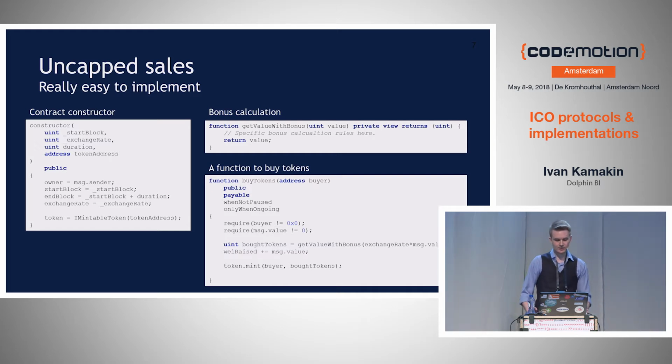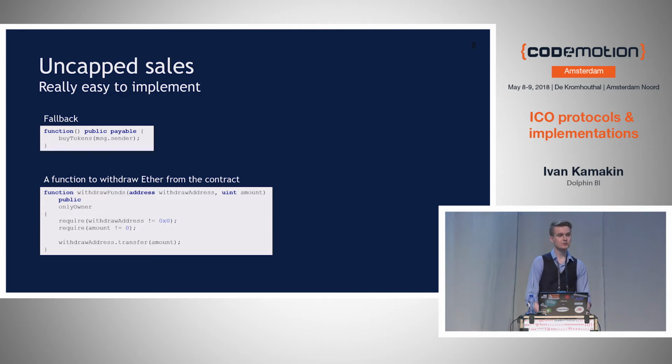Then there is a function of bonus calculation, which is now a stub, but you can implement some logic specific to your own ICO to calculate the bonus, for example, based on the current timestamp or current block. And finally, there is a function to buy tokens, which the buyer calls. It just calculates the amount and sends it to the specified address using some token function.